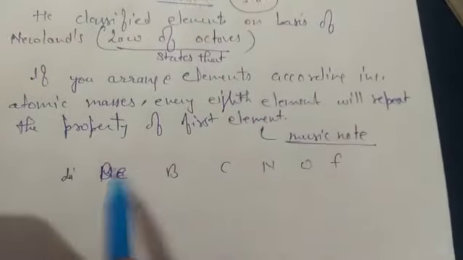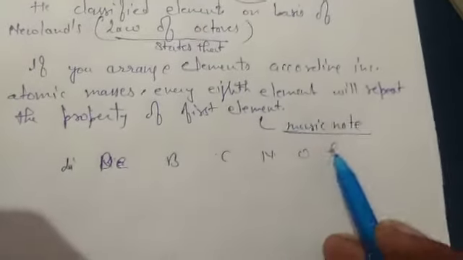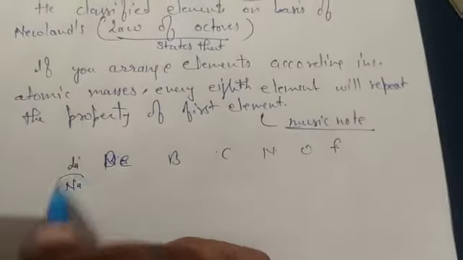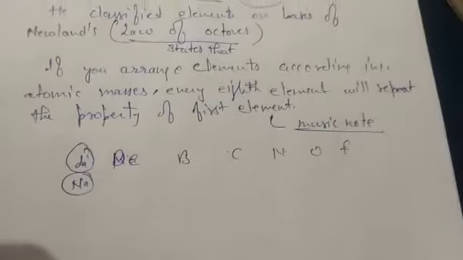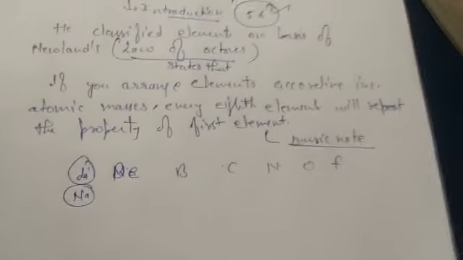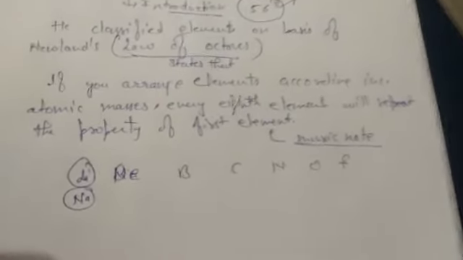So you will see 1, 2, 3, 4, 5, 6, 7. The eighth element will be sodium. Sodium will repeat the property of lithium. So every eighth element repeats the property of the first element. This is the famous law of octaves, on which Newlands did the classification.